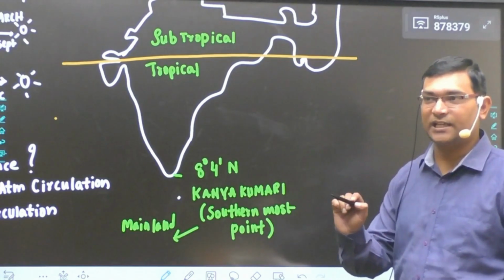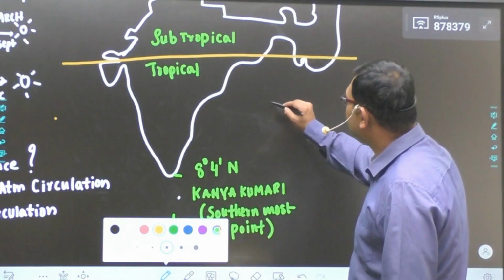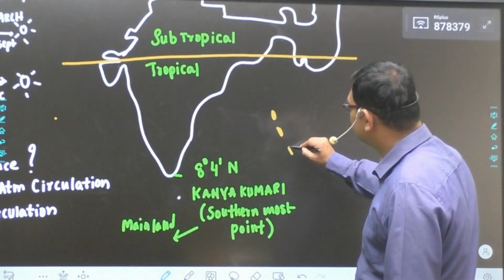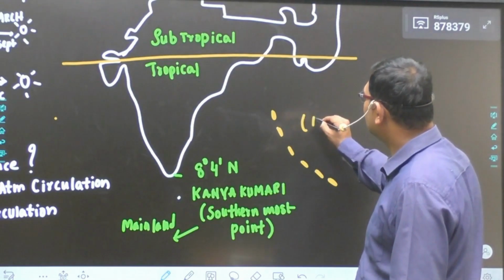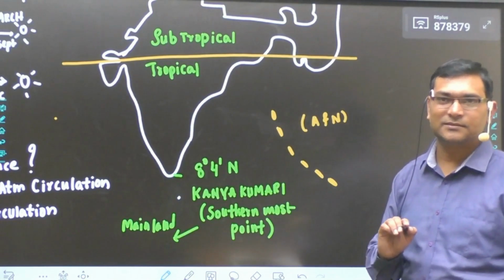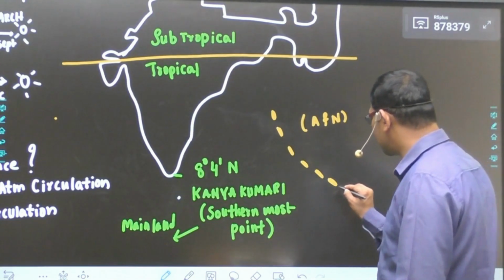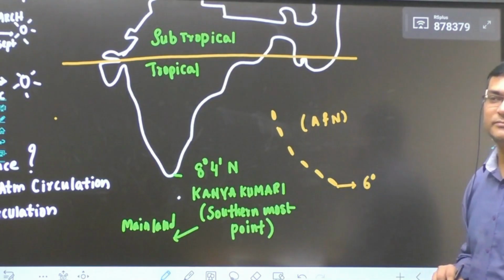But listen carefully, we also have certain islands here. What are these islands called? The Andaman and Nicobar Islands. The southernmost tip of these islands is at 6 degrees.